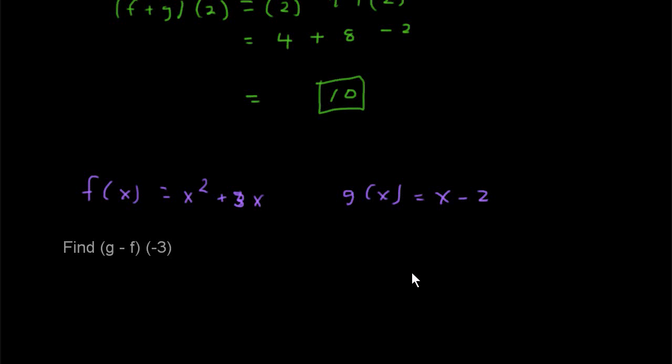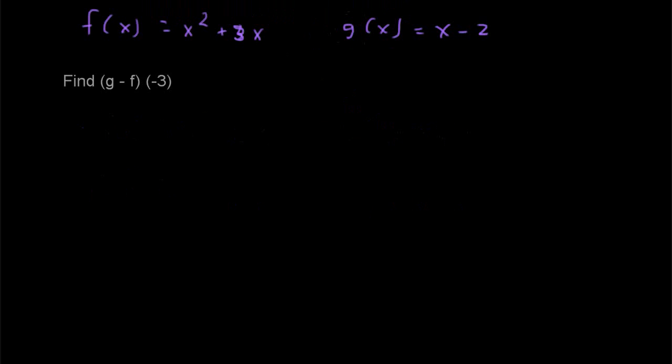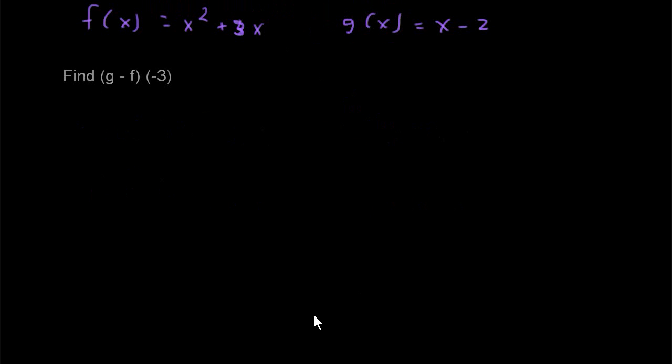Okay, welcome back. I come up with a negative 5 for my answer of g minus f of negative 3. If you got that answer, very good. Go ahead and jump ahead.